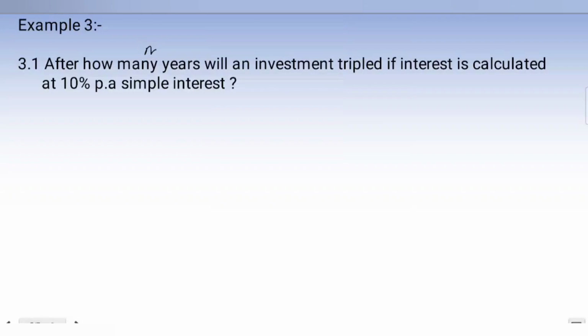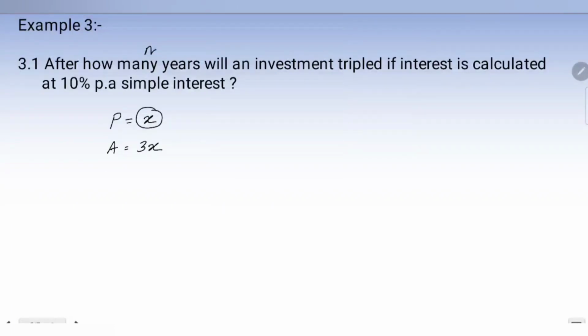Here you have to just imagine that suppose the value of P is equal to x, or you can write any amount, 100 rand, no problem. Normally in this question we write x there. Then A is going to be 3 times that amount, that is 3x.